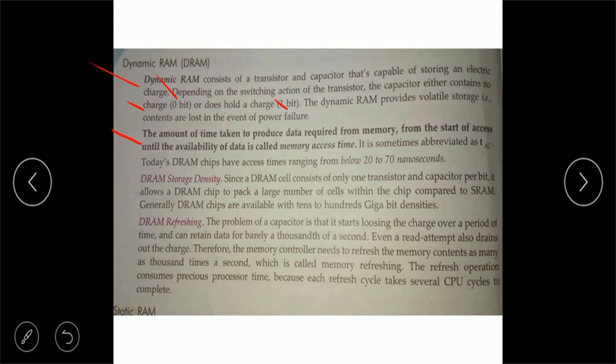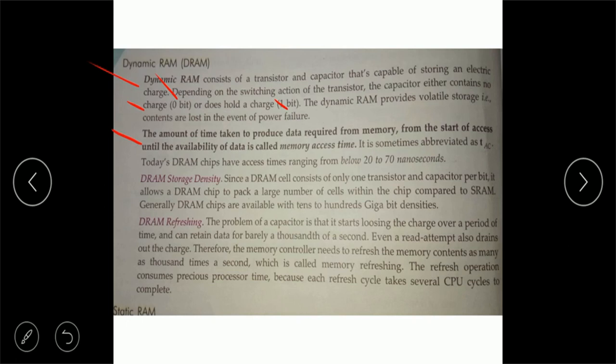There is also MAT, that is memory access time. What is memory access time? The amount of time taken to produce the data required from memory, from the starting of access to the availability of data, is called memory access time.